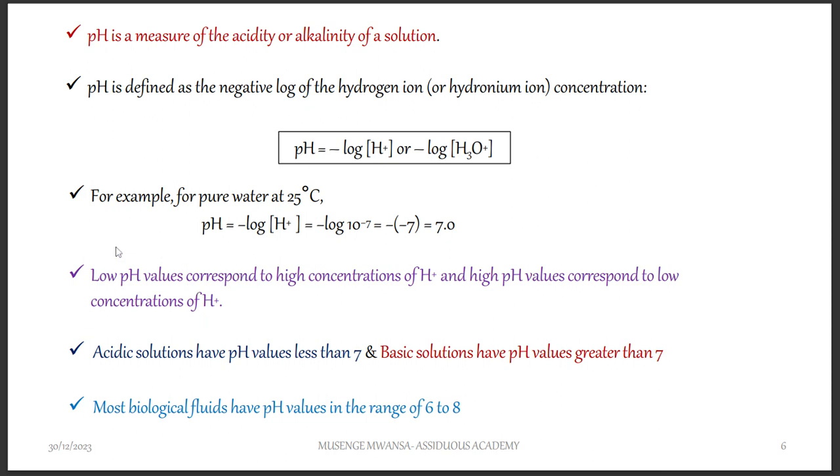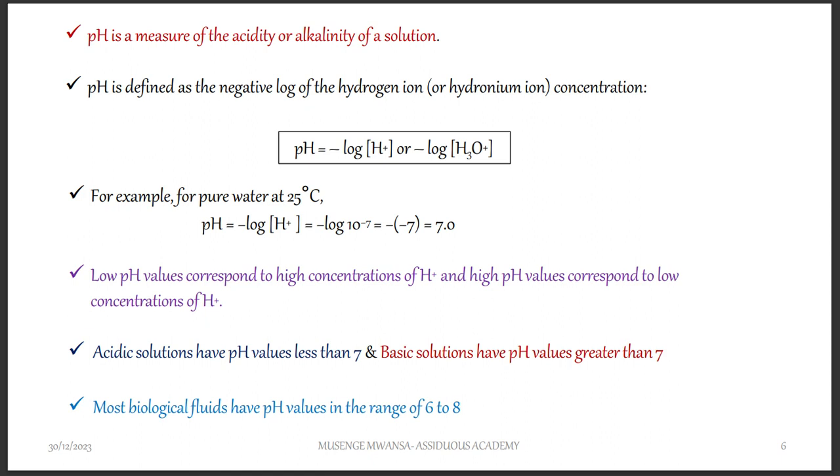So if we say a compound has a low pH, it means that you have a lot of hydrogen ions in solution. Because if you have a lot of hydrogen ions, then such a compound has a very acidic pH.